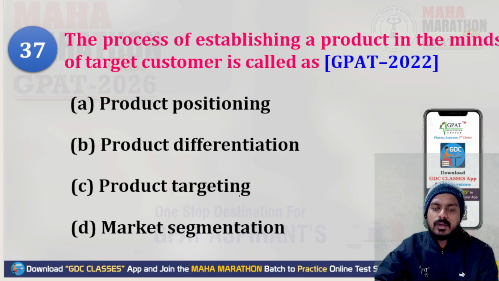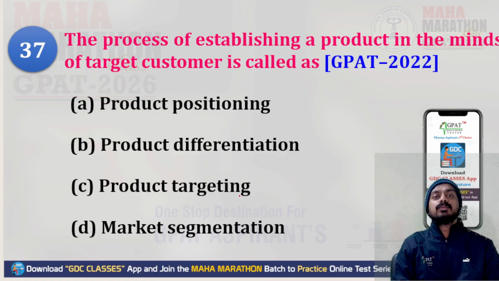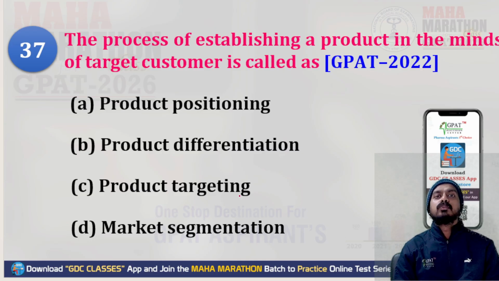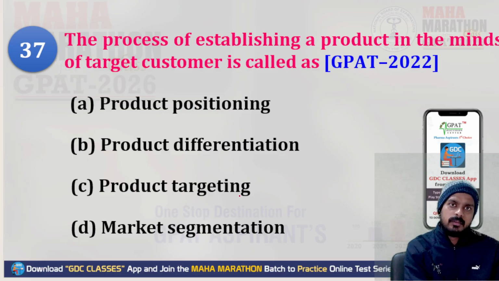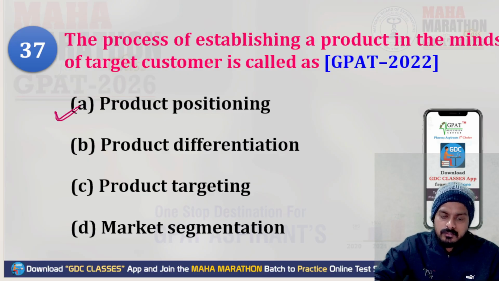So you are repeatedly entering this product, marketing, or brand name inside the customer's mind by different ways, like advertisement or word-of-mouth promotion. That is called product positioning. You are basically positioning that product in the customer's mind. So option A will be the correct answer.